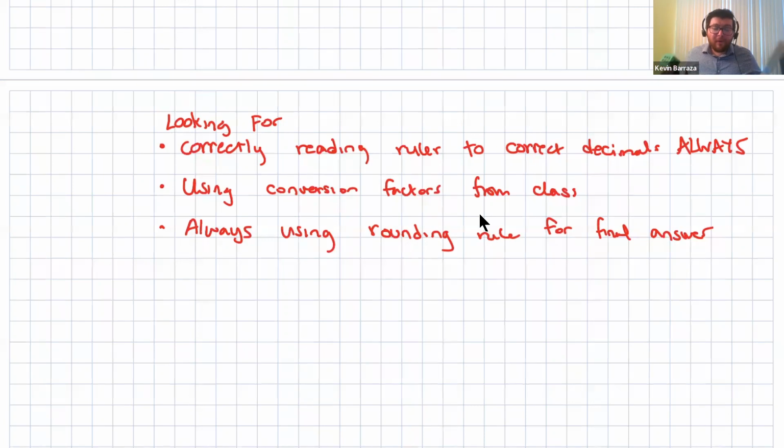And then you're going to be performing some math, being careful that you're going by the rules of our lectures. So lab lecture number 1, the very first one we did, was reading the ruler correctly. And conversions is part of lecture 2, which we will actually continue and still work on tomorrow in lecture.